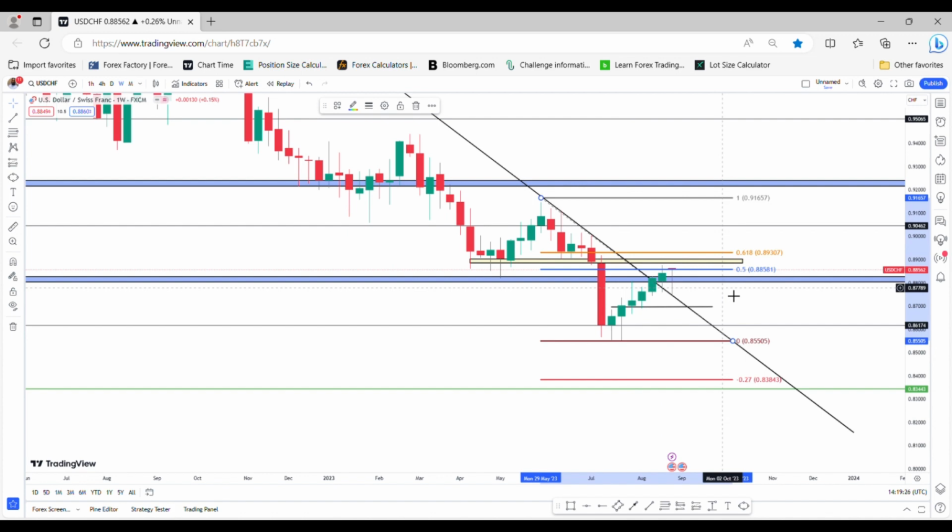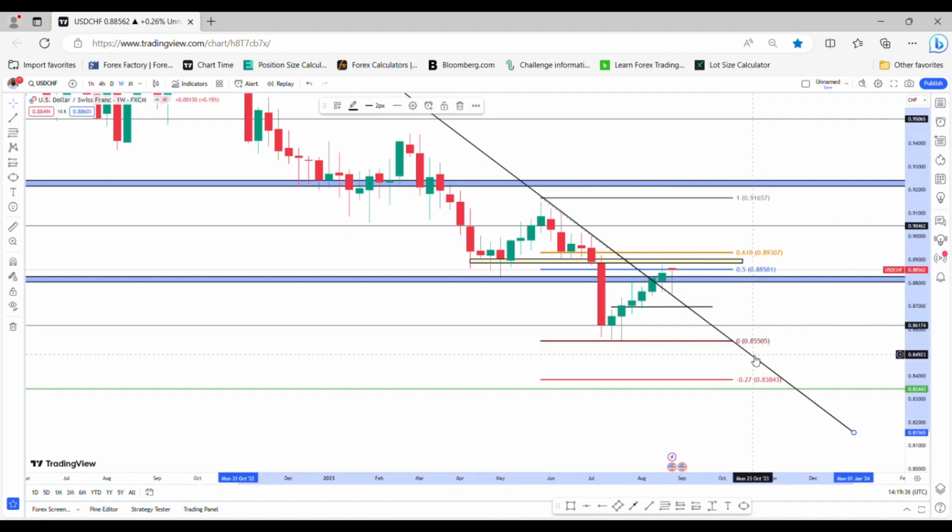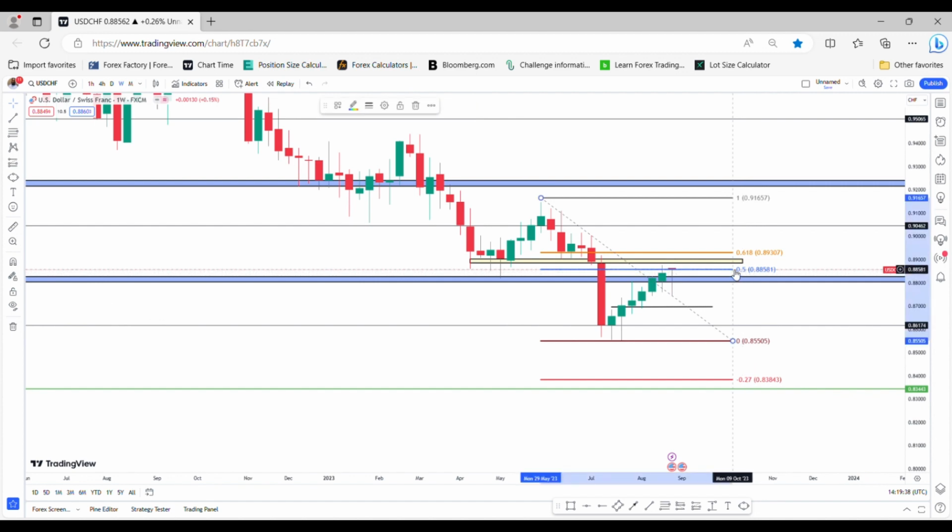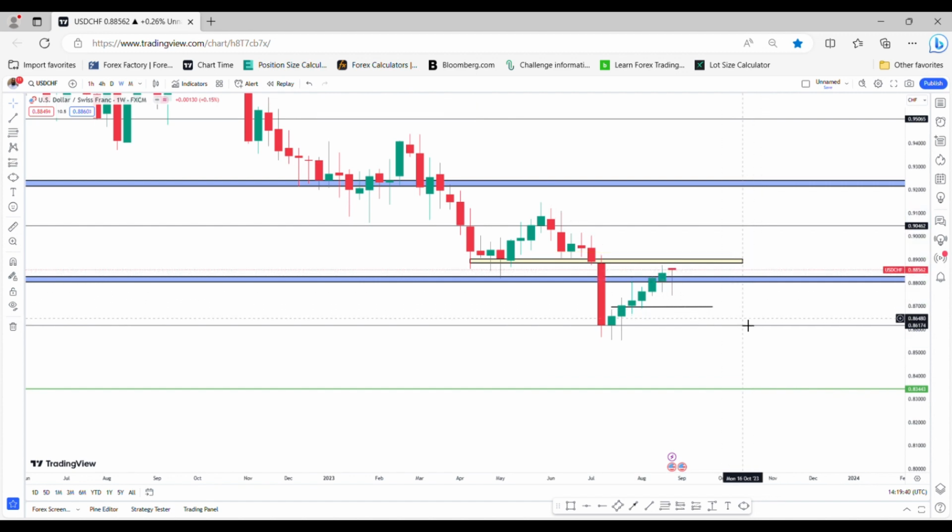When we have trend line, Fibonacci, and a major area of support or resistance all aligned together, best believe price would react and do its thing. So my bias on USD is a sell. I'm hoping that price comes here to fulfill all technical areas, and then it will begin to drop. That is what I believe.